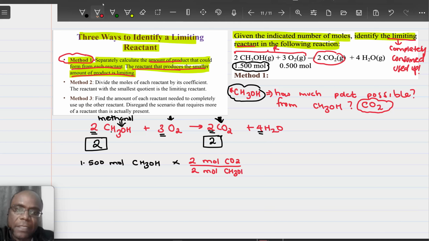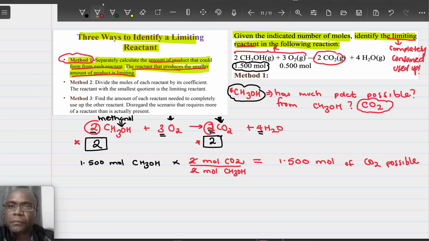You are asking, where did I get those 2's? From the balanced equation, using the coefficients, the numbers 2 and 2. Now, if I do the math here, this tells me that the amount of CO2 possible if CH3OH was completely consumed would be 1.500 moles of CO2 possible.